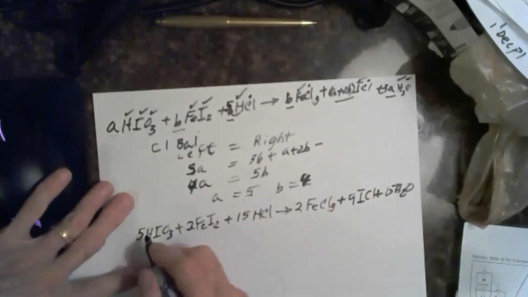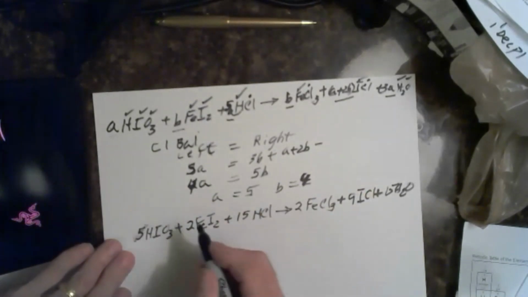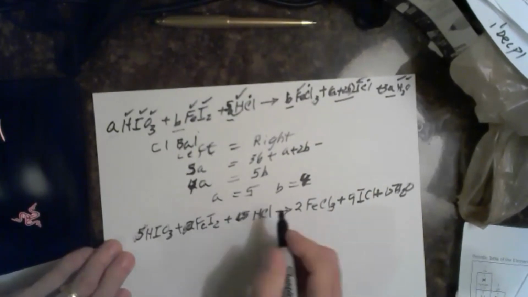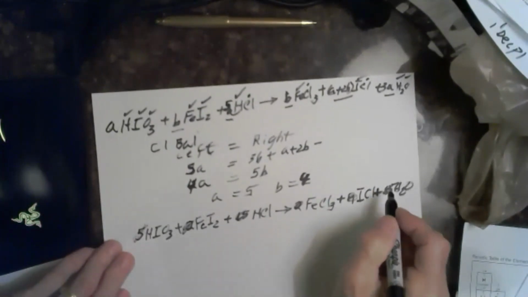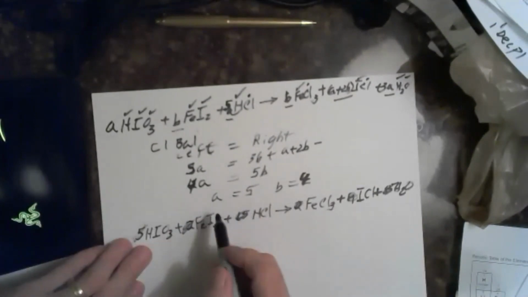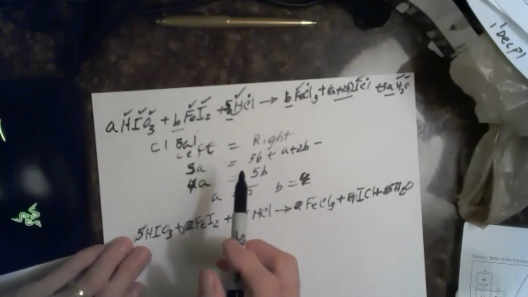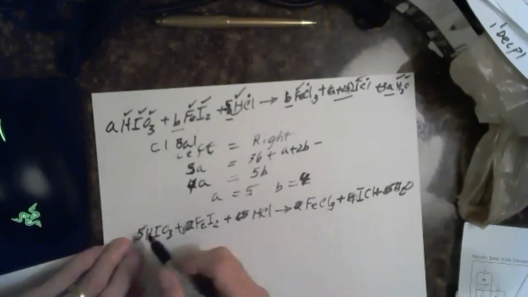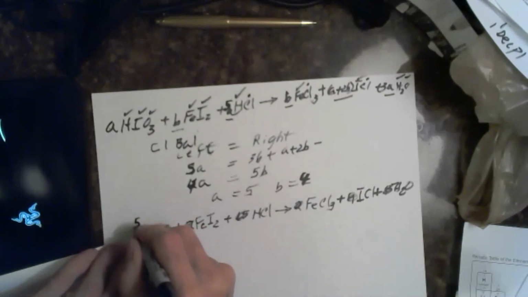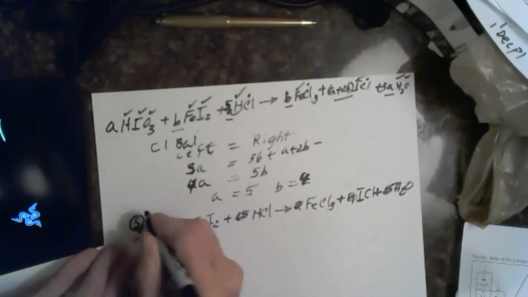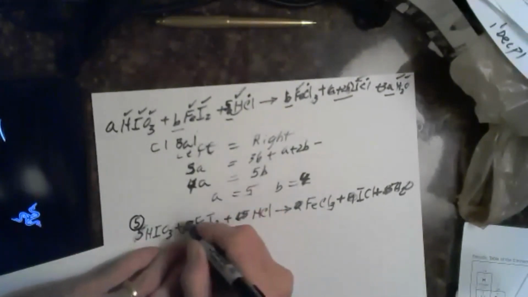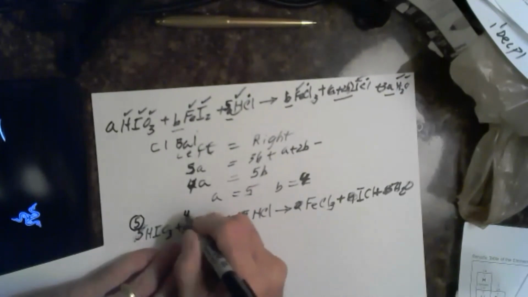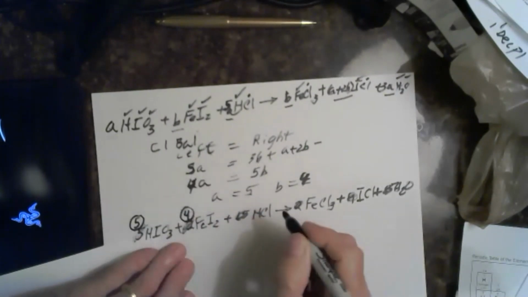Okay, now let's go back and see what we get with these coefficients. So we had A was 5, so the 5 was okay here. Fe was B, so this becomes a 4 instead of a 2.